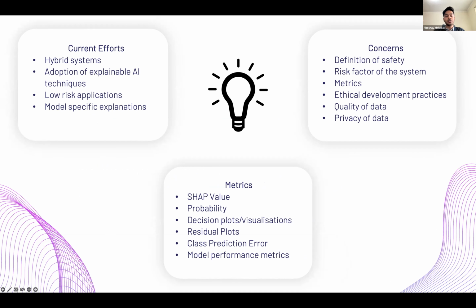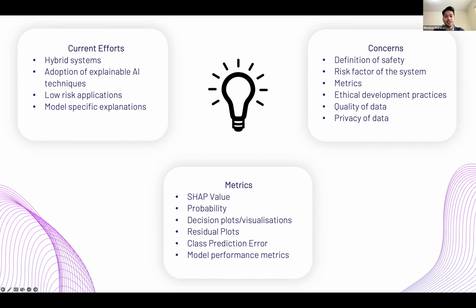And then we have the ethical concerns, which also deal with the current efforts, as it kind of drives the conversation in terms of the discussions within ethical concerns. It's like, we want to worry about safety, we want to worry about the risk factor, and we want to understand how these systems work. And that drives the conversation towards building an effort to hybrid systems and adapting tools to make current systems more explainable.